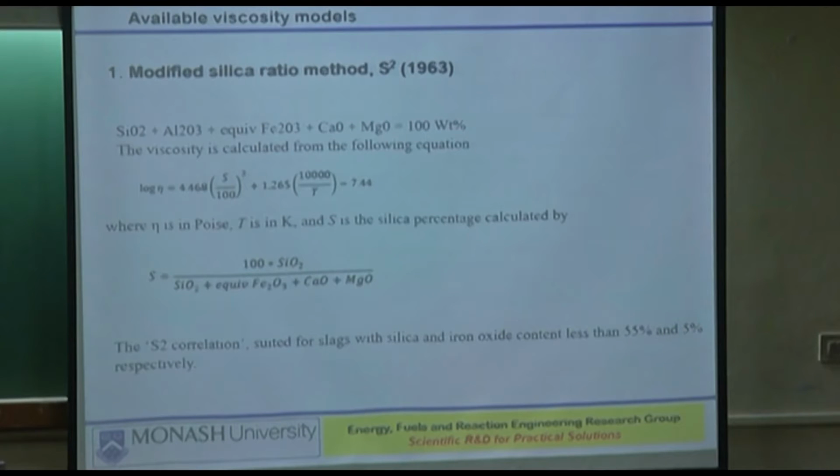So you can immediately see that this model was developed for coals which did not have much sodium content or potassium content in their ash. So that's why they neglected it in 1963.